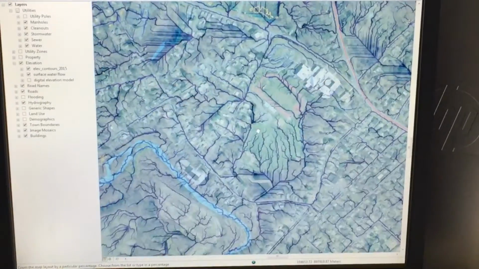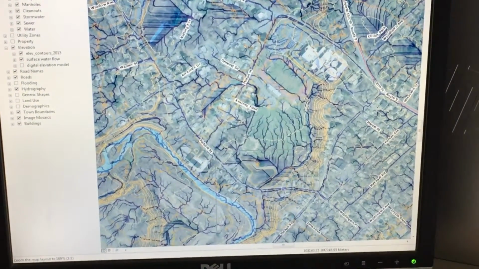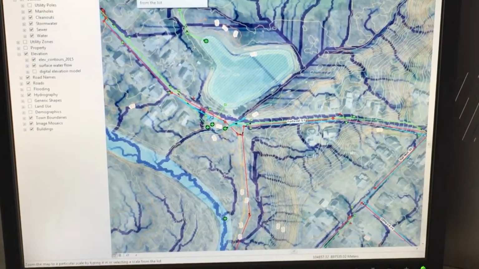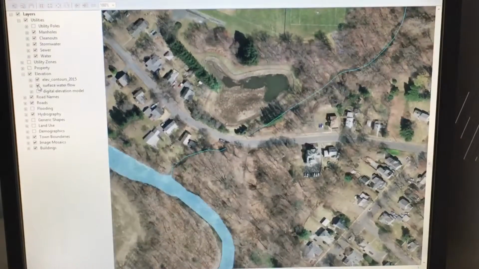This is the high school. Have you been to the high school at all? So this is a detention basin here. I'll turn off these so it's not as complicated.